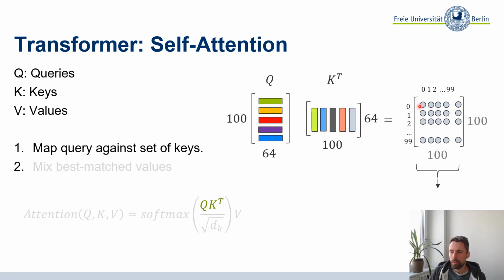In the end we have a 100 by 100 matrix, and each of these numbers is the dot product of the vectors in these two matrices.